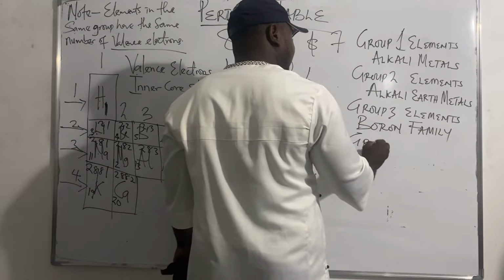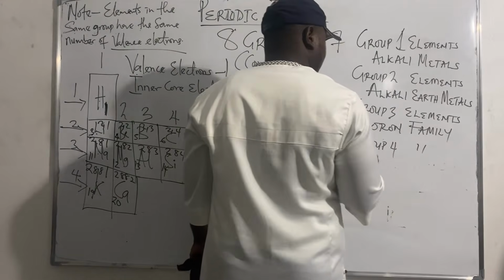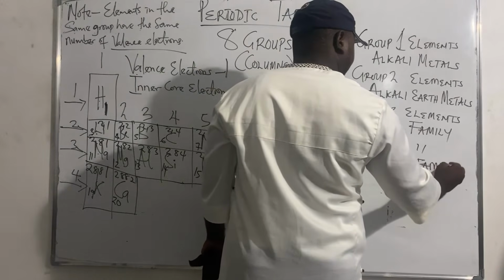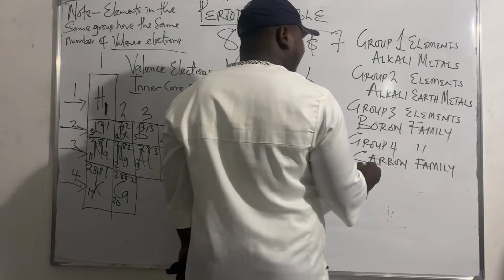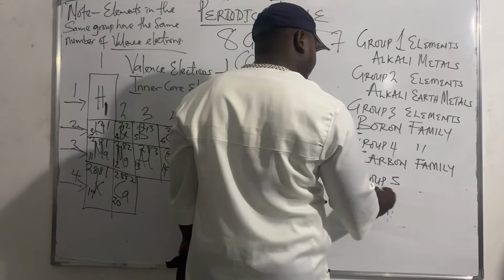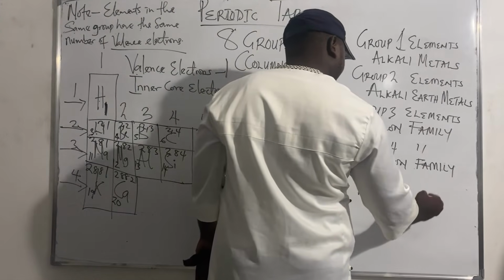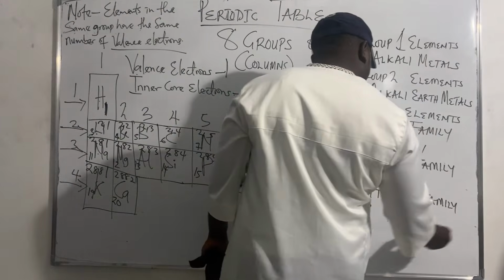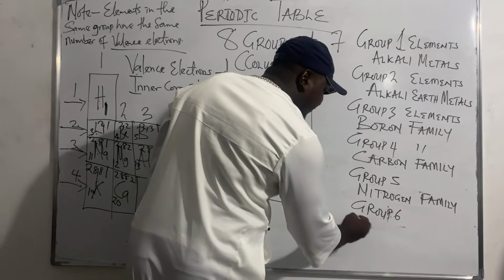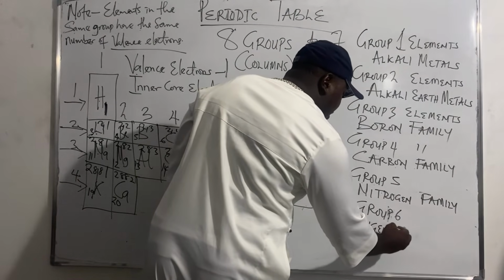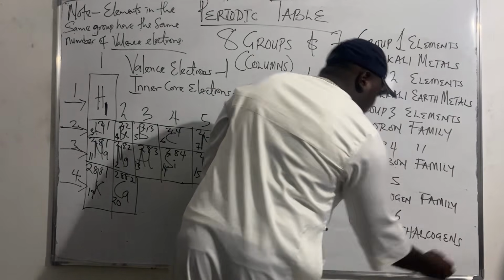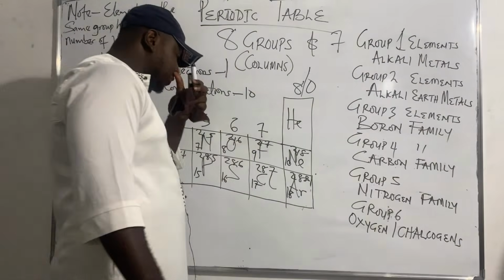Group 4 elements, carbon family. Group 5 elements, nitrogen family. Group 6 elements are called oxygen family or chalcogens. Chalcogens, on the body is very important. Group 6 elements are called oxygen family or chalcogens.